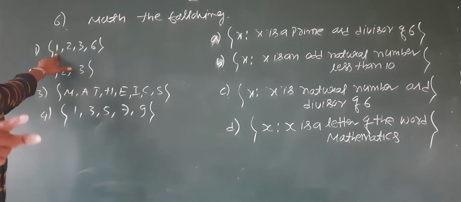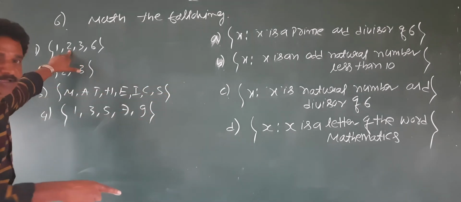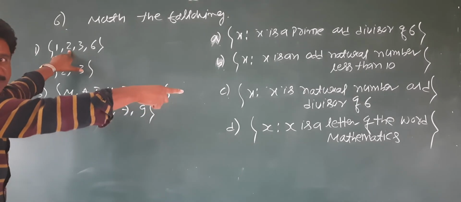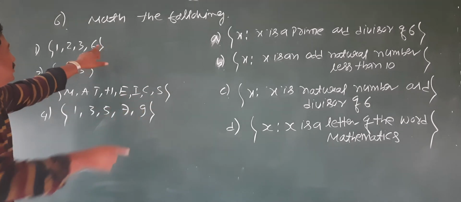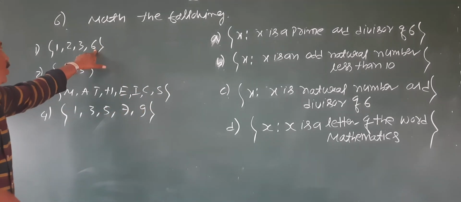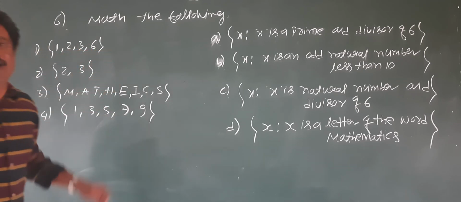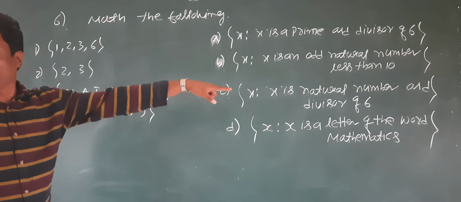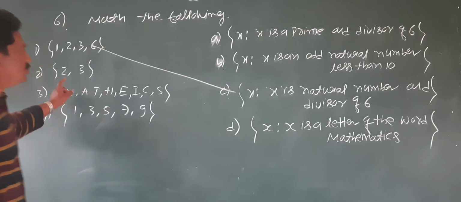So 1 divides 6 how many times? 6 times, correct. 2 is a natural number. Further, 2 divides 6. 3 is a natural number. Further, 3 divides 6. 6 is a natural number. 6 divides 6. All these four naturals are divisors of 6, right? So matching. Next, 2, 3.